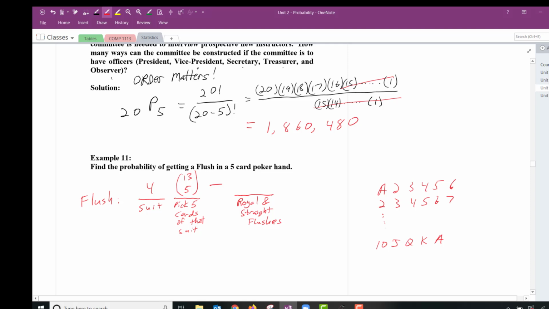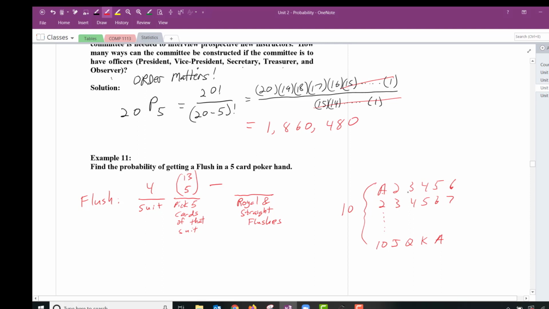So how many of these are there? My straight could start with an ace, or it could start with a 2 or a 3 or 4 or 5 or 6 or 7, all the way up to 10. So it looks like there are 10 of these. But there's going to be 1 for each suit.